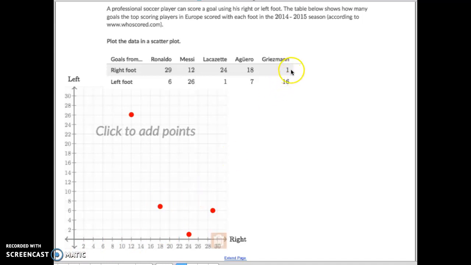Click on it, give it a dot, and then 1, 16, over 1, which is halfway between, and up to 16. Boom, right there.